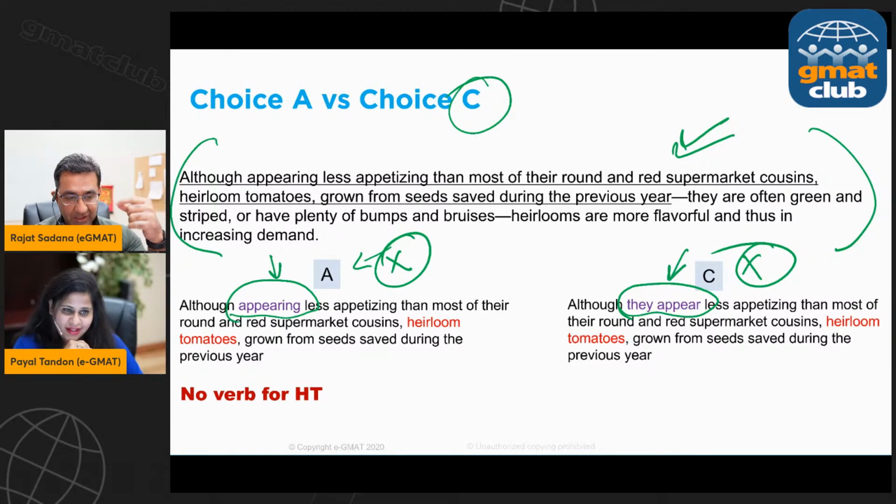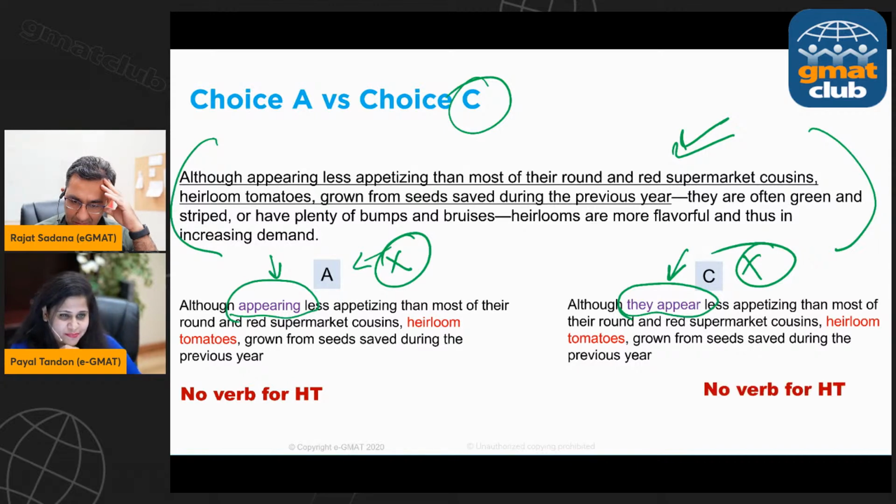And I would also say choice D, if you selected choice D, you did not understand what the author wanted to communicate. And so Rajat, you're absolutely right. If you selected choice C but rejected choice A, you didn't even reject choice A for the right reasons.